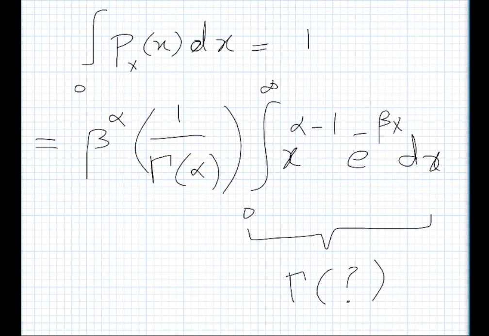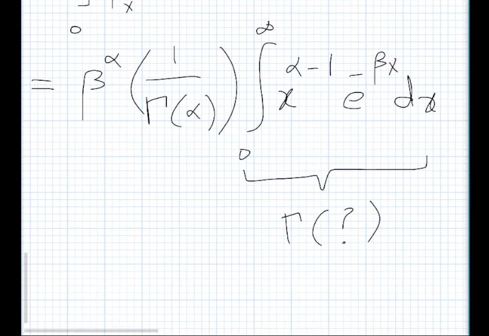So if you know a function which can be written in the form of a gamma function, and there are other functions as well, then the problem is basically solved. So what we are going to do is change this integral into some gamma function and then simplify.